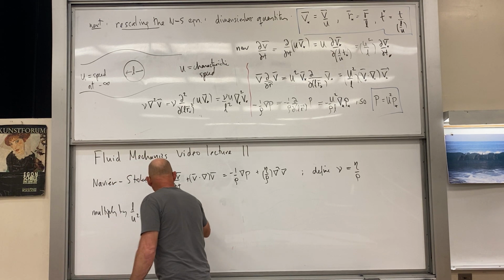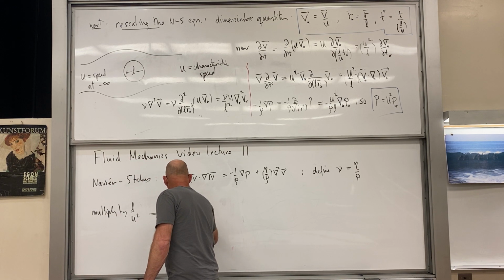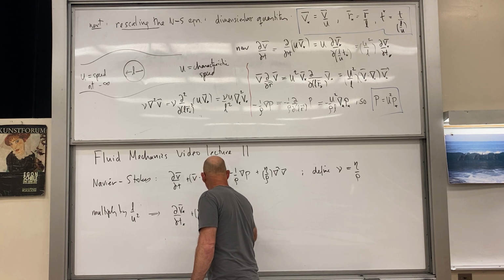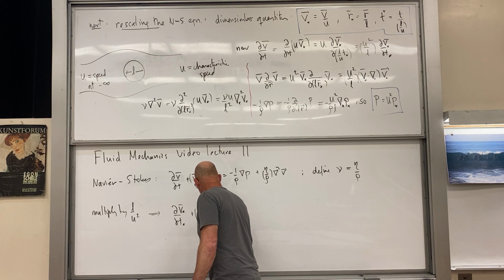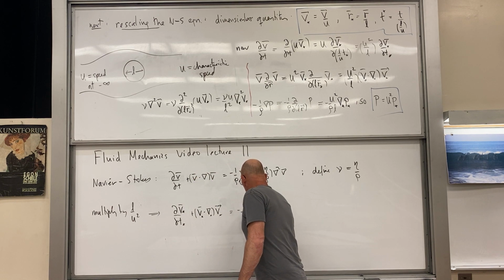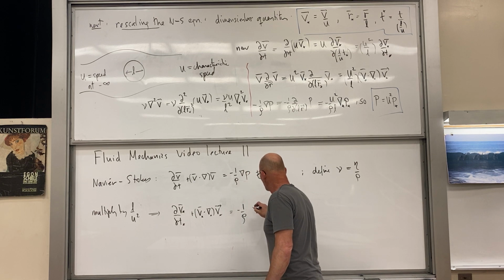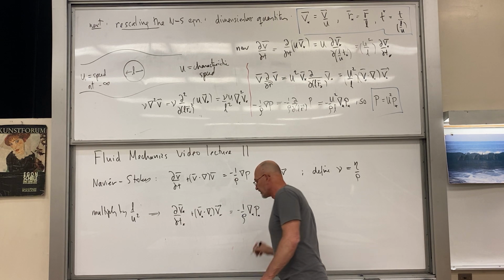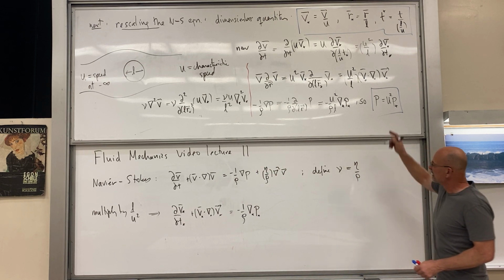And what we get is D star, T star plus V dot grad V, stars everywhere, okay, because they're rescaled, minus 1 over rho gradient star P star. This one we had to do that little thing there.